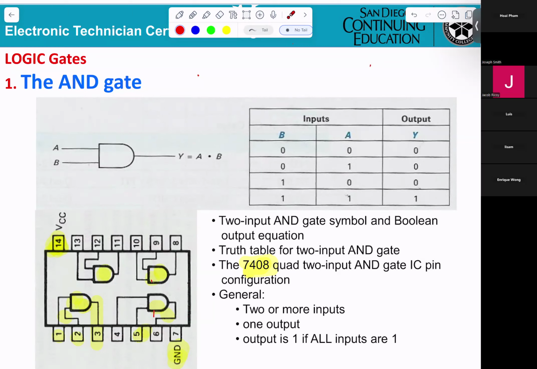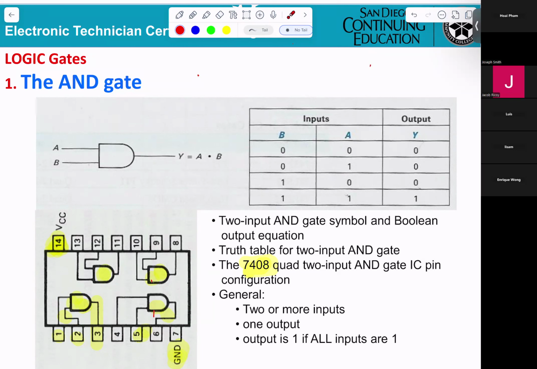Looking at the first one, pin 1 input, pin 2 input, pin 3 output, and so on. Okay? And the IC has to get power and ground. Without power and ground, it is not working. Pin 14 connects to 5 volts. Pin 7 connects to ground. Okay.